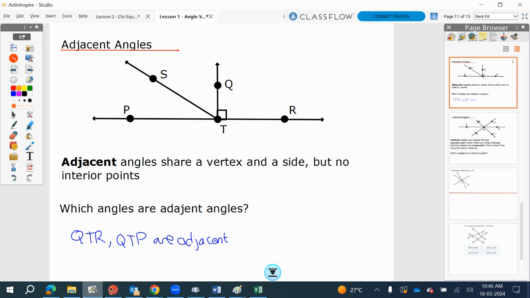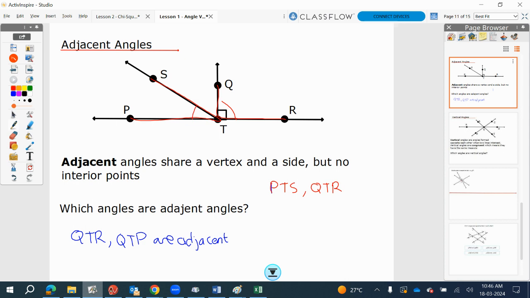Which two angles are not adjacent? Well, not adjacent would be PTS and QTR. These are not adjacent. Why not?